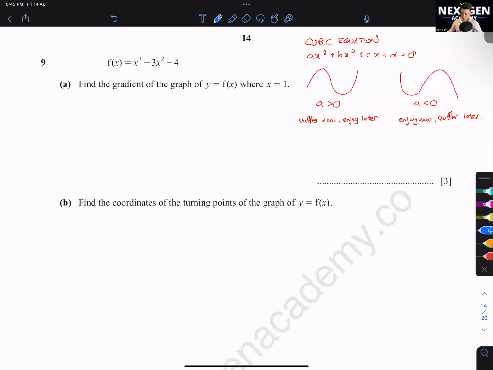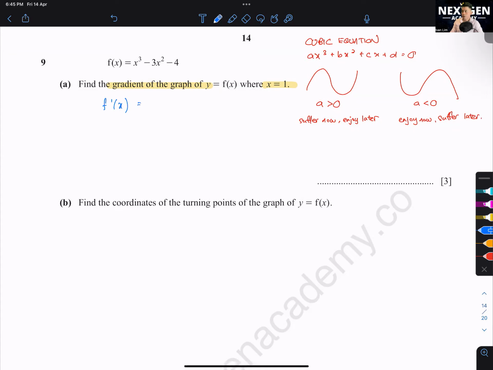Okay, find the gradient of the graph. So for gradient, we need to know that we have to do differentiation. Gradient, where x equals to 1. So we have to do dy over dx, or another way we present it is f prime x.